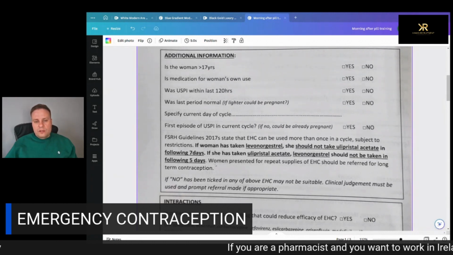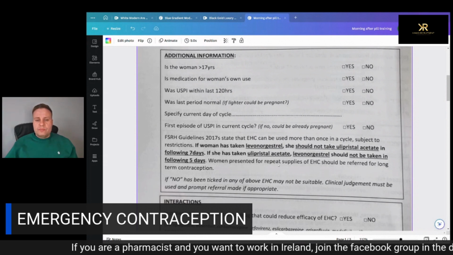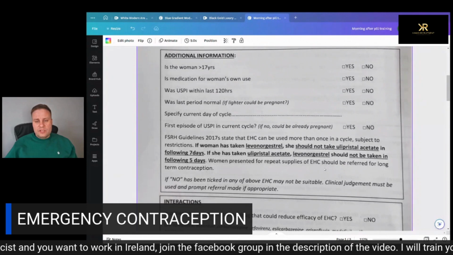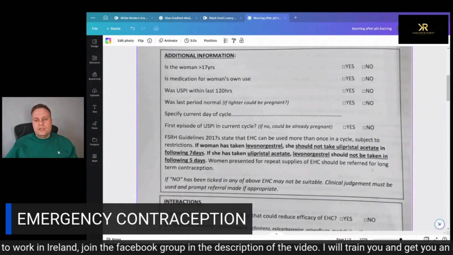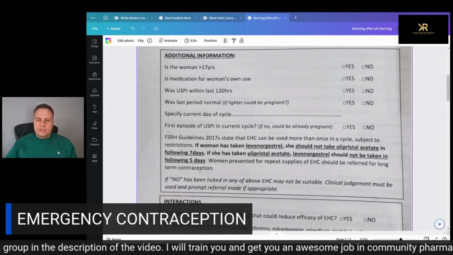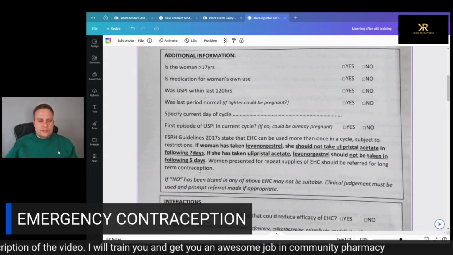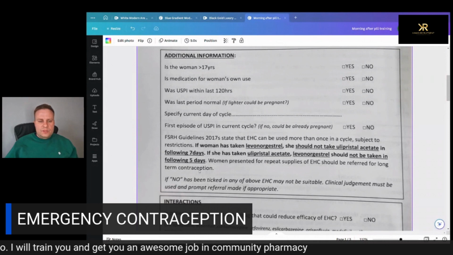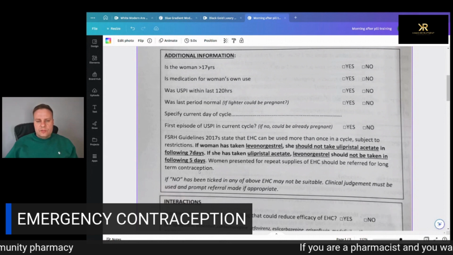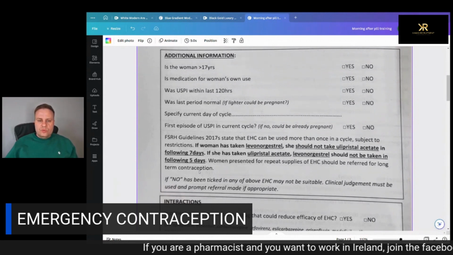So a woman who presents herself for repeated supplies of emergency hormonal contraception should be referred for long-term contraception, either to the GP or any other referral that you see fit, but you can't give the same woman repeated emergency hormonal contraception if it happens too often.